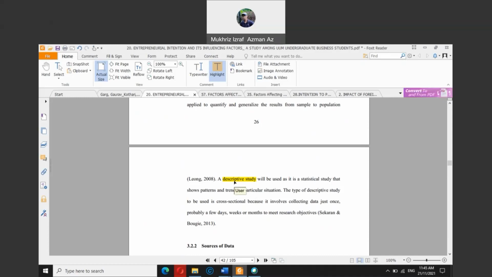So from these 300, you are going to describe how many of your data are female students, how many of them are male students, okay, and you can break down according to, for example, location of your samples.